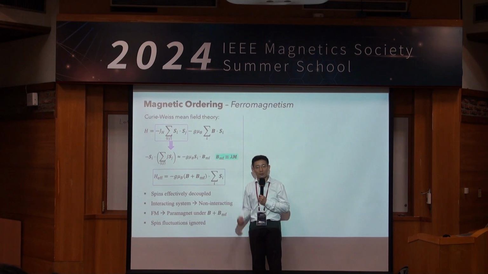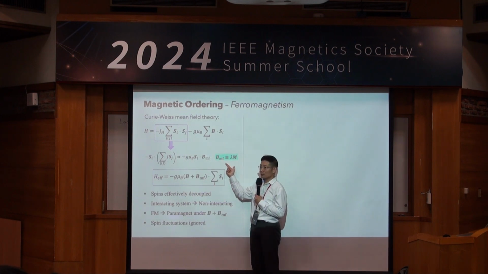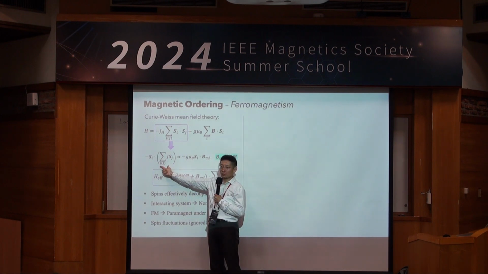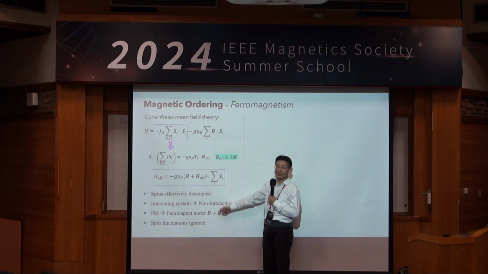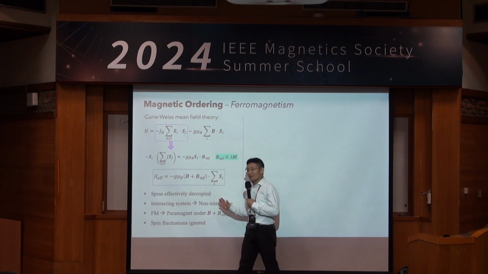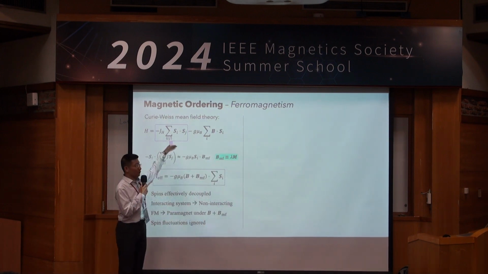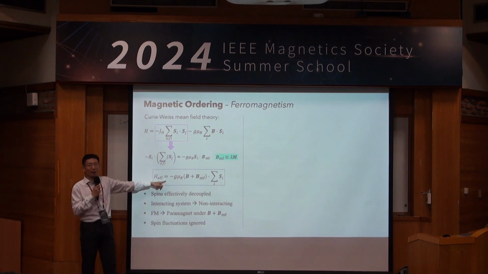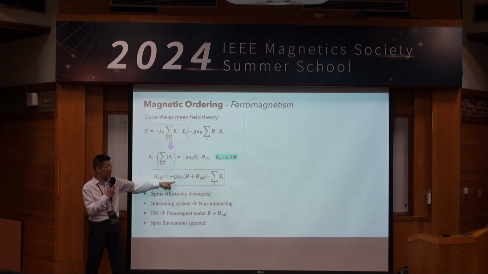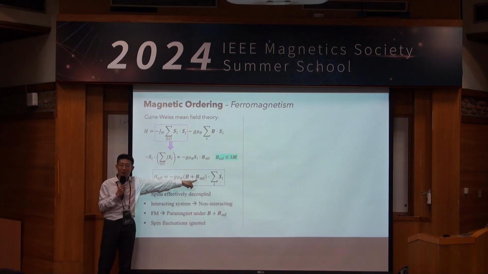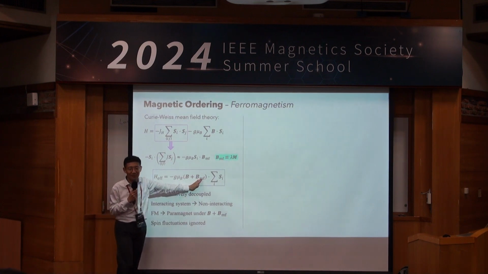But we should always bear in mind that the mean field simply captures the spin-spin interaction. It simplifies the spin interaction into a mean field, which transforms the coupled ferromagnetic system into a decoupled paramagnetic system, paying the price of introducing the additional mean field.